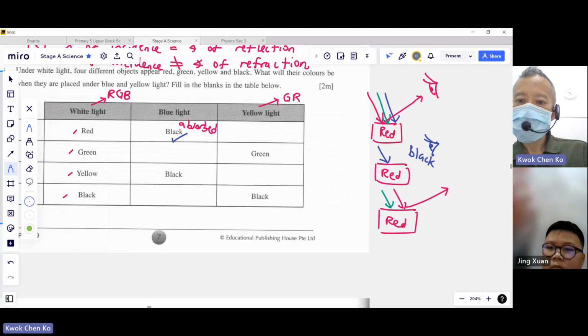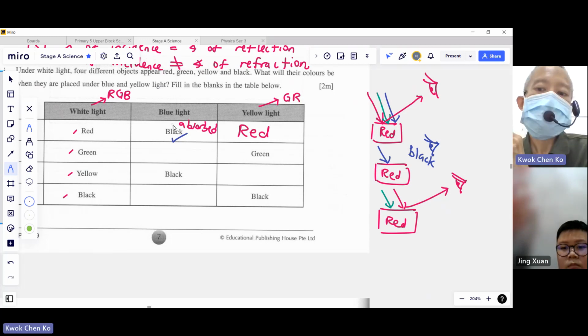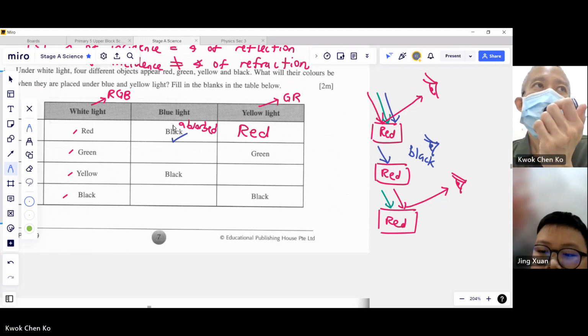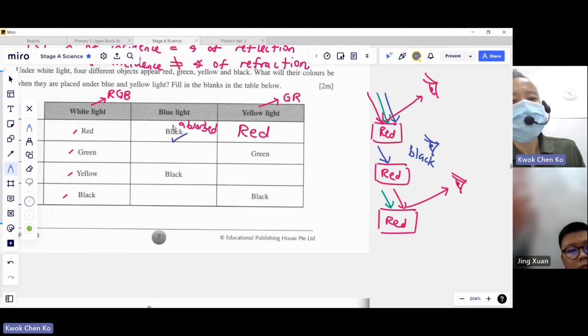The red will be reflected, because the green is absorbed. Only the red is reflected, which you can see. That's the answer.